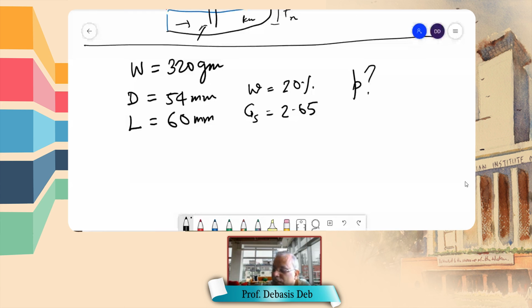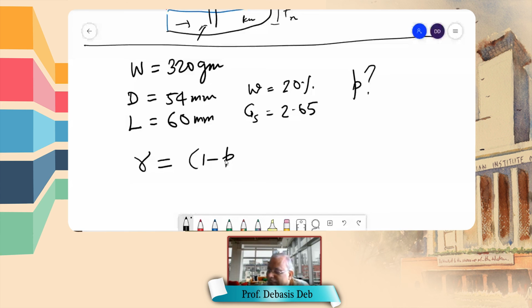Anybody else got? So it is that equation you will use: 1 minus, okay, very good. So this Gs into gamma w. Okay, this is that formula.